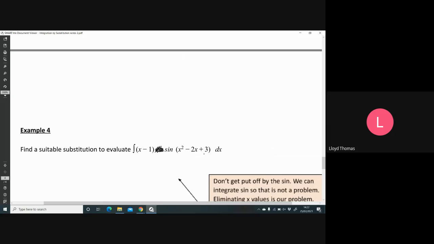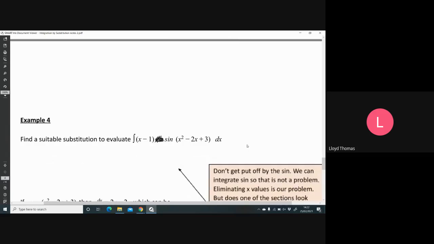Now, there's an important point. I don't want to reveal the answer just yet. But there's an important point that Mr. Stratford's right here. It says, don't get put off by the sine. We're still looking for something that when we differentiate it, remember it usually goes to the bottom of this, something that when we differentiate it on the bottom here will cancel out with something on the top.